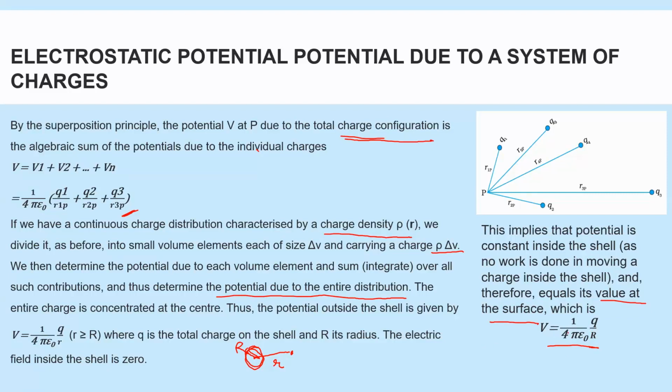So for finding the electrostatic potential of the shell or inside the shell, it is equal to the potential at the surface of the shell. Outside the shell, we can give the electrostatic potential using this formula.